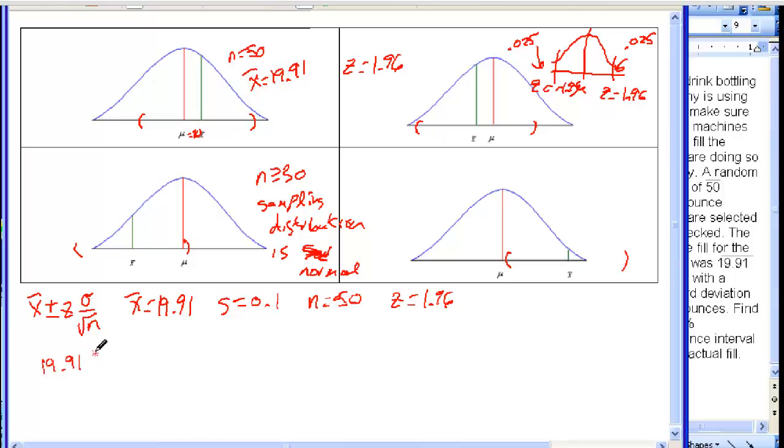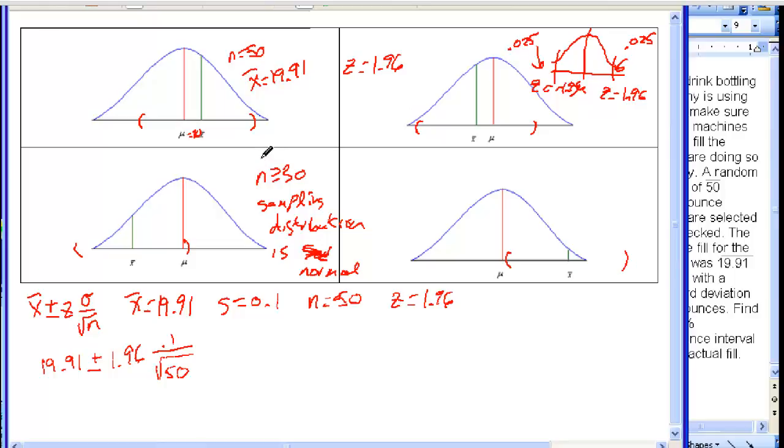So what we need to do here then is plug these numbers into this formula, 19.91 plus or minus 1.96 times sigma 0.1. Now we're using S as an estimate for sigma. Since we don't have the population standard deviation available to us, we're using S, and we can do that as long as n is at least 30.